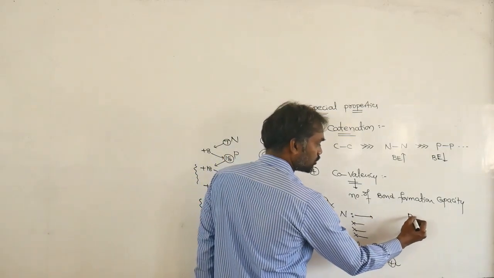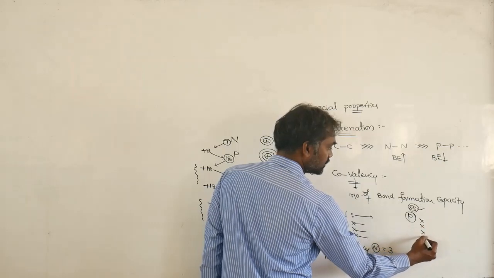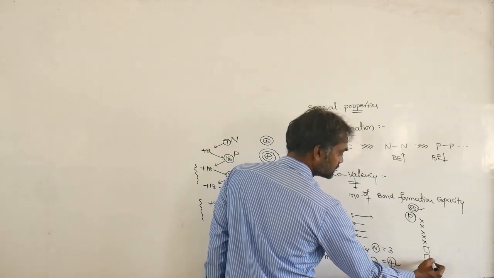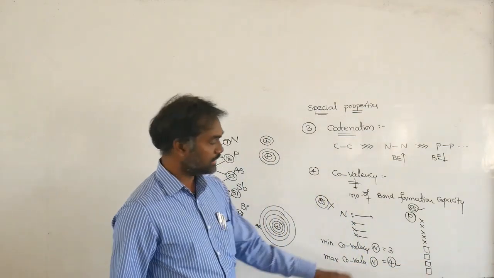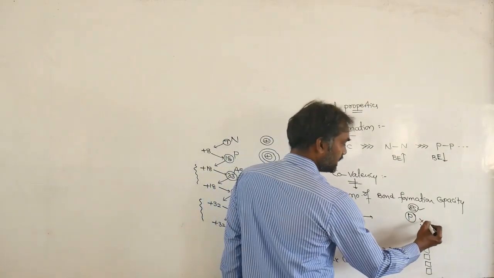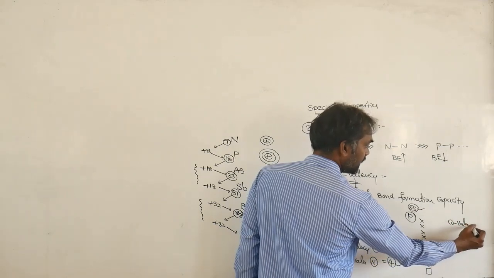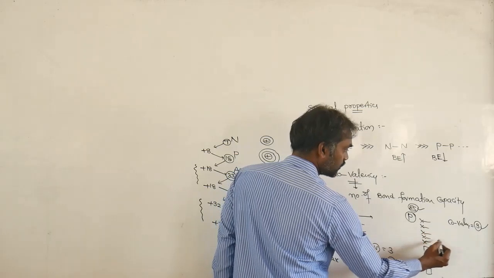Suppose you consider phosphorus. Phosphorus shows an excited state, so it has 5 unpaired single electrons and 4 empty boxes, which are empty d orbitals. So covalency 3 is possible, and also 5: 1, 2, 3, 4, 5.